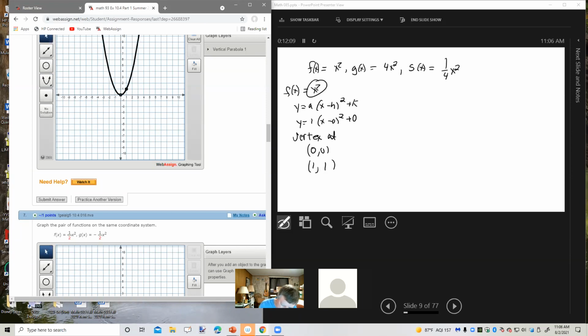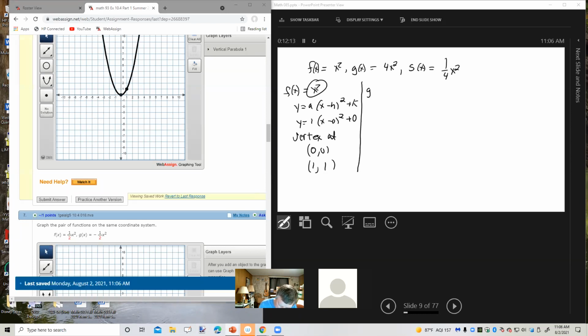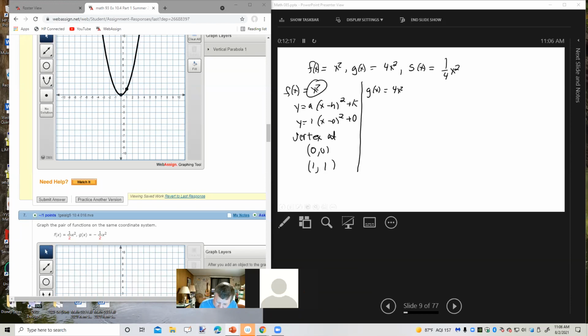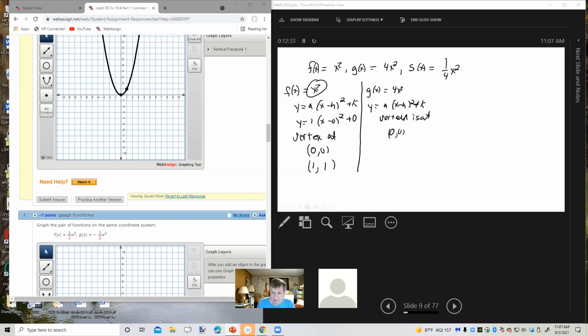All right. So now g of x equals 4x squared. Again, this is like y equals a times (x minus h) squared plus k. So the vertex is still at 0, 0, right?